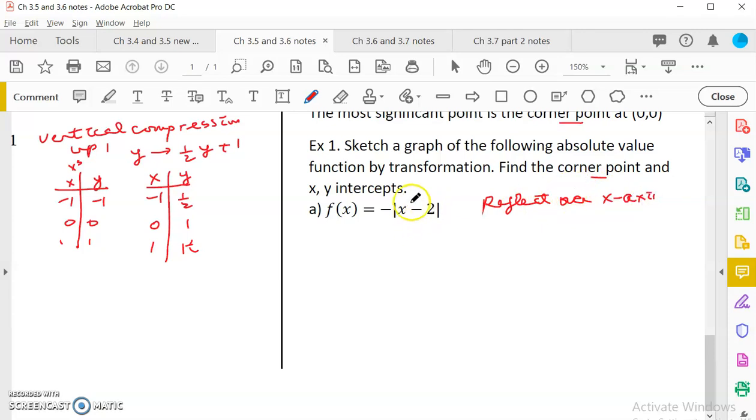And then there is a minus 2 inside, so it is a horizontal shift, but minus means you go to the right, shift right by 2.